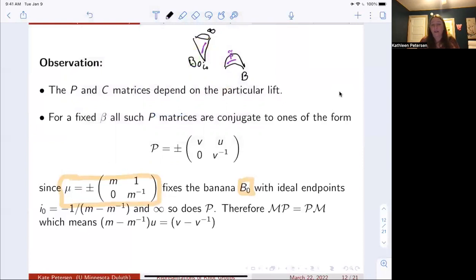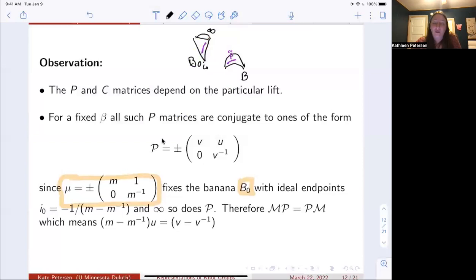Another way to say that is that my beta tilde, that's my lift of some peripheral piece, it's going to be conjugate to an arc here on this banana. And an arc on this banana has to commute with the meridional arc. That's my favorite of all time arc on this banana. And so we can write that a P matrix, that's the transformation that corresponds to this little peripheral piece, is going to be conjugate to a matrix that corresponds to this little journey.